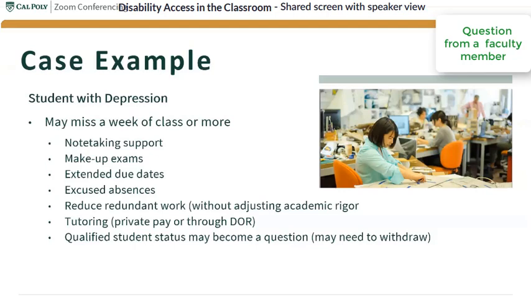I've had students, and also in my personal life I know folks who, when they become severely depressed, are not following through with their health plans. And sometimes as instructors, we may be the first ones to see that because they've stopped showing up for class. So how do we work with you around that kind of situation?